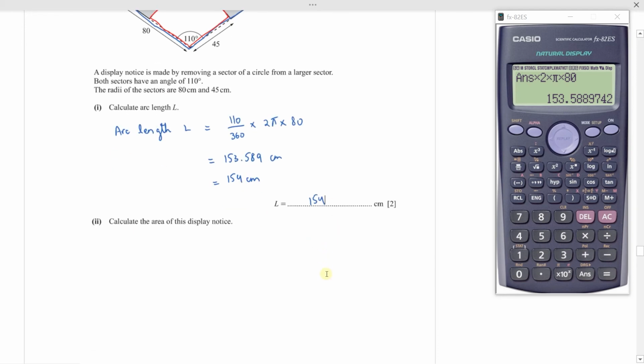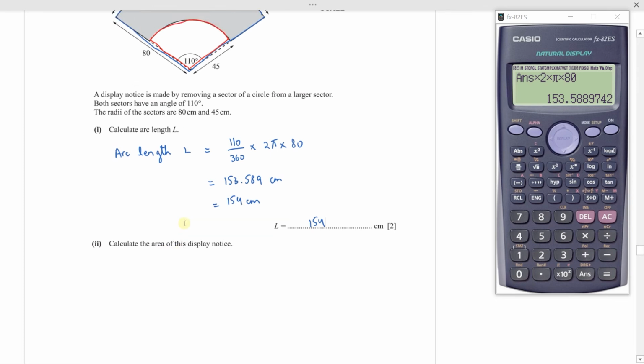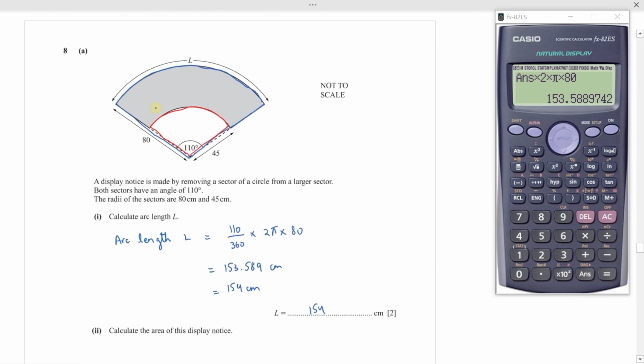The next part is calculate the area of this display notice. So basically you have to find this shaded area here, which we can calculate easily by calculating the area of this large sector, which is marked in blue, and then if you subtract the area of this small sector, which is marked in red, you will get the area of this shaded region.